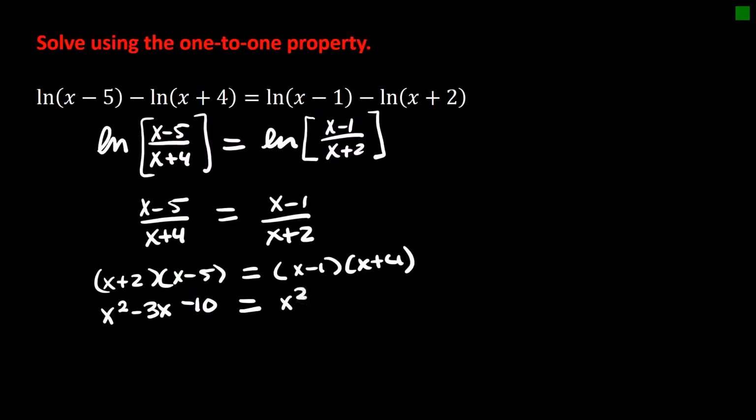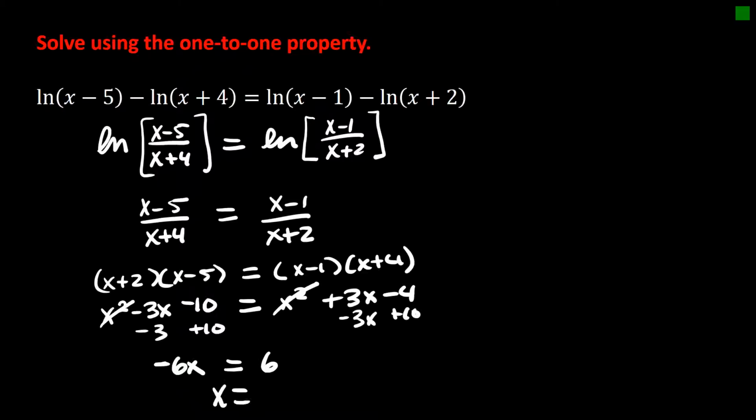On this right-hand side, I get x squared plus 3x minus 4. If I subtract x squared from both sides, it goes away. If I subtract 3x from both sides, I have negative 6x. And if I add 10 to both sides, I have equals 6. So x is negative 1.